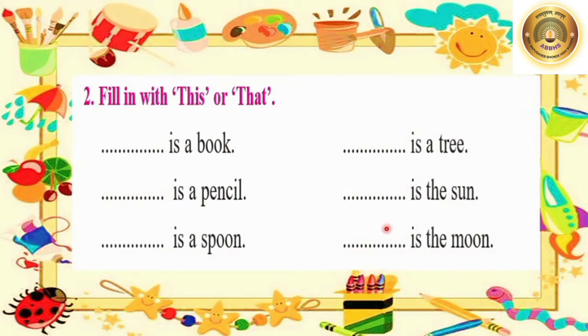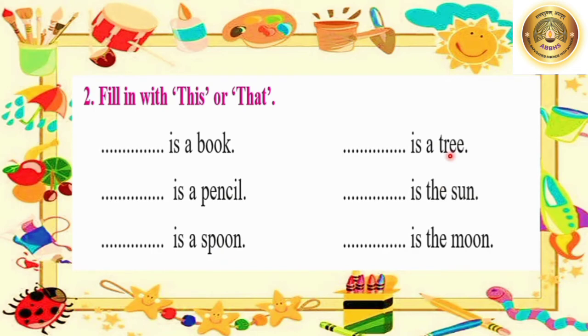Now let's do the exercise. Fill in with this or that. See, in the first picture in the textbook, page number 69, we can see a book, pencil and spoon, which are very near to us. And in picture number 2 we can see sun, tree, moon, which are outside the window.